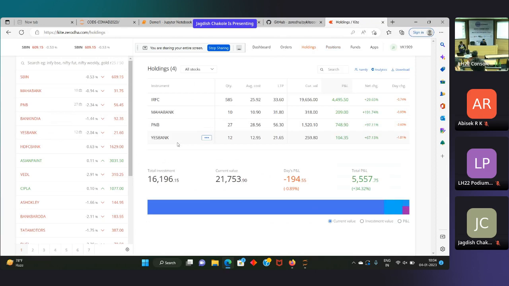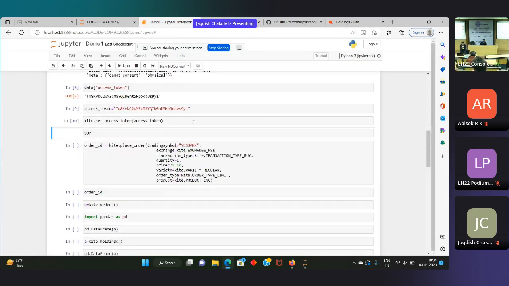This is my holding, and the current price of S Bank is 21.60. So now I will place an order on S Bank.